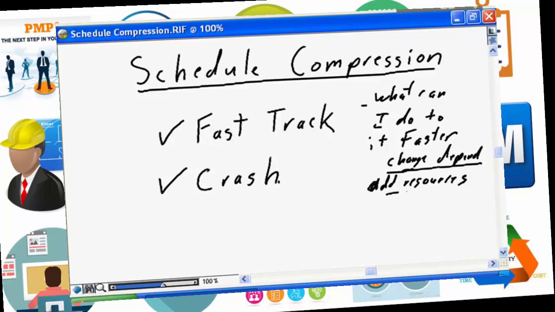Adding resources does not always improve the project delivery situation. Sometimes adding resources will actually change the end date in an unfavorable direction because of the amount of extra interaction, because of extra dependencies. So again, techniques for fast tracking, changing dependencies, adding lead times to dependencies, adding resources may be an effective way to do schedule compression, but doesn't always result in success.